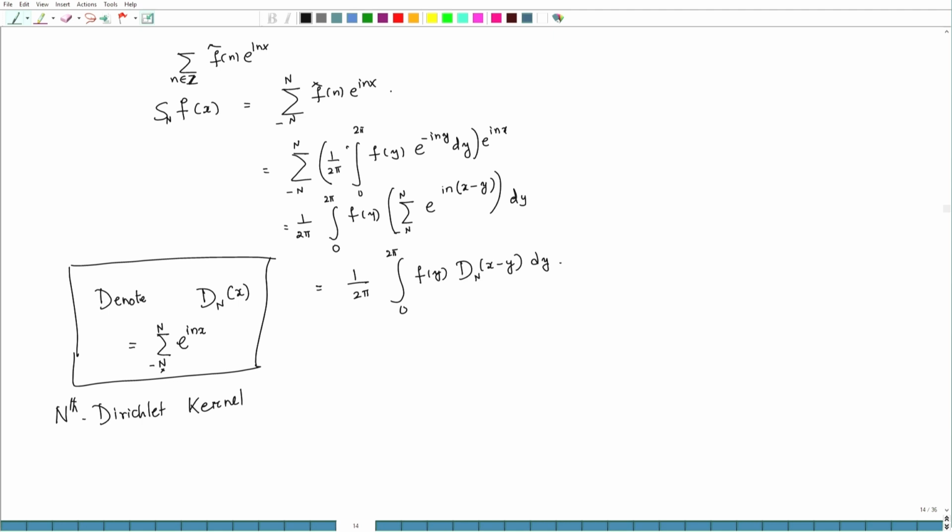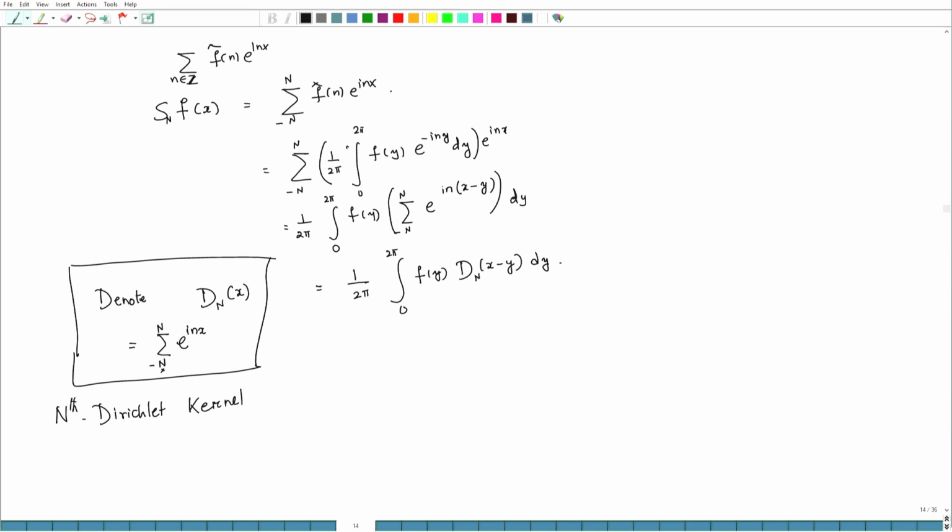So, this simple observation suggests that in order to understand the convergence of the Fourier series, we need to understand the behavior of d n of x. Now, let us see what exactly this function d n of x, the Dirichlet kernel, looks like.